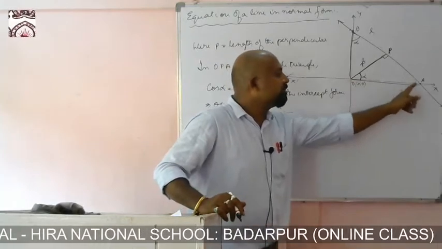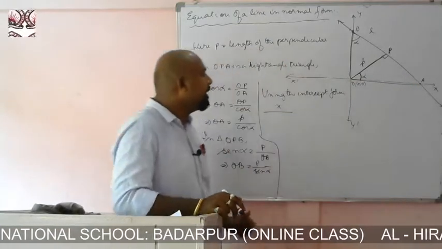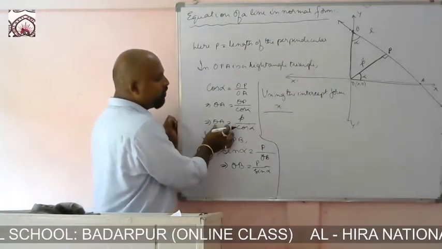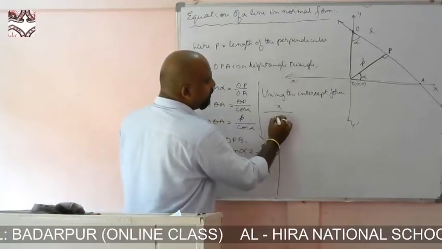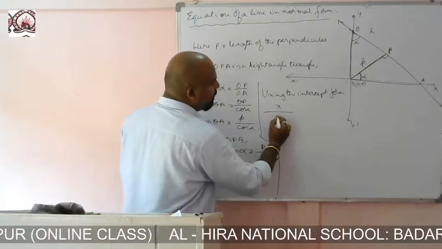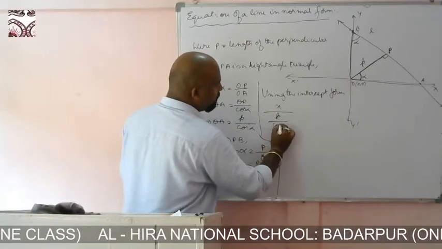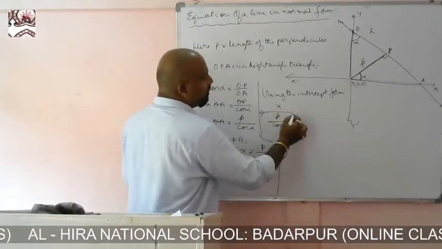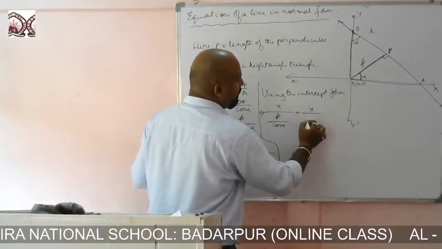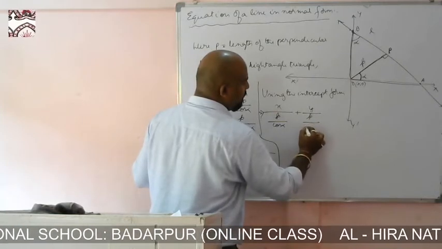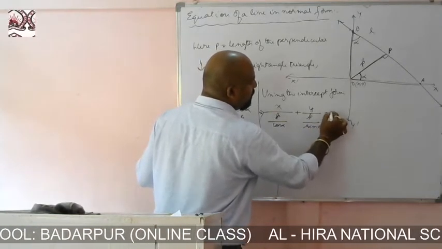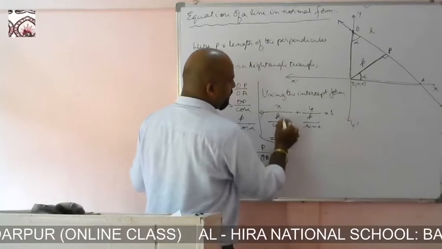The x intercept equals OA, which is p by cos alpha, plus y by p by sin alpha equals 1.